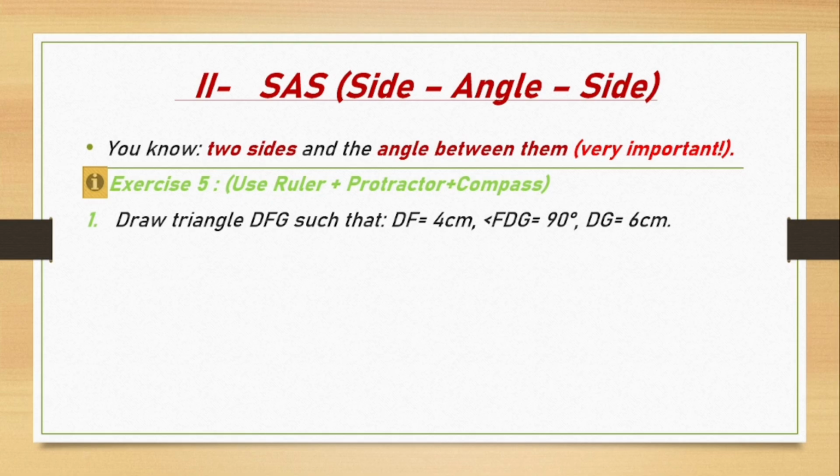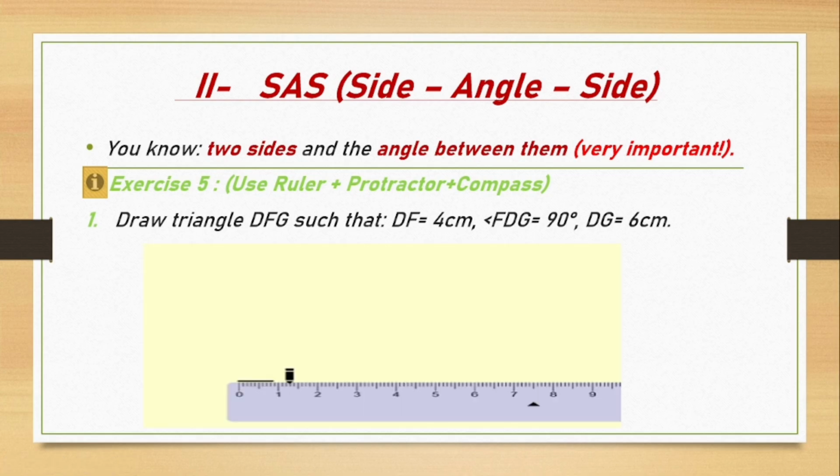So because we have two different sides and one angle, we start with the longest side, which is DG equals 6 cm. So draw DG using the ruler equals 6 cm.